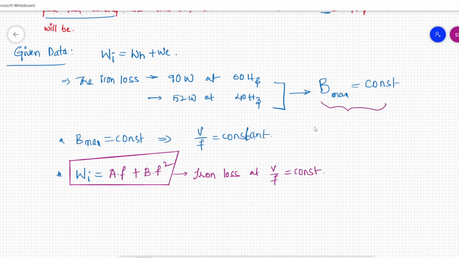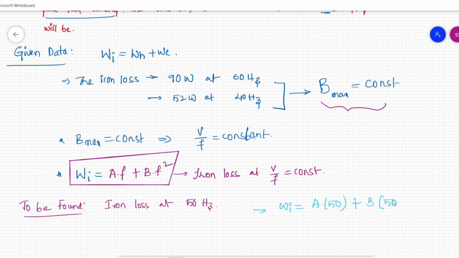Now we need to find the iron loss at 50 Hz frequency. The iron loss at 50 Hz is A into 50 plus B into 50 whole square.